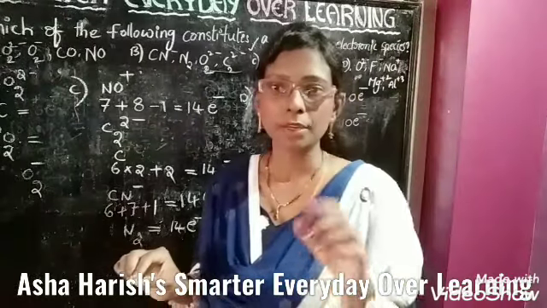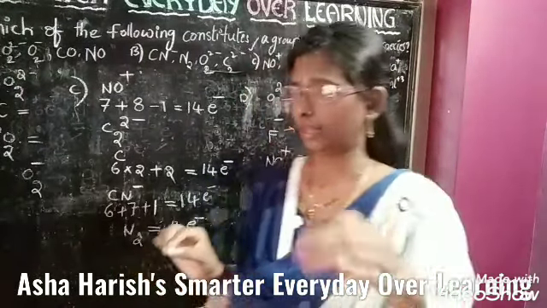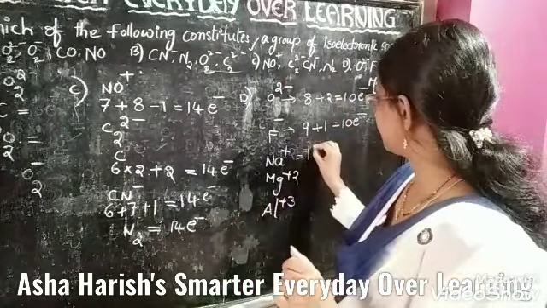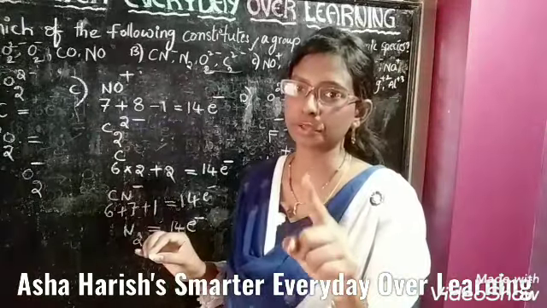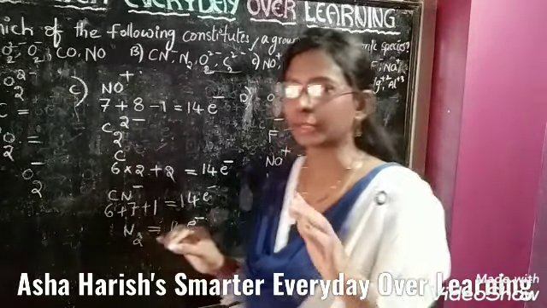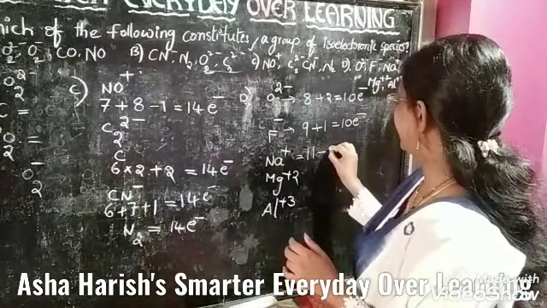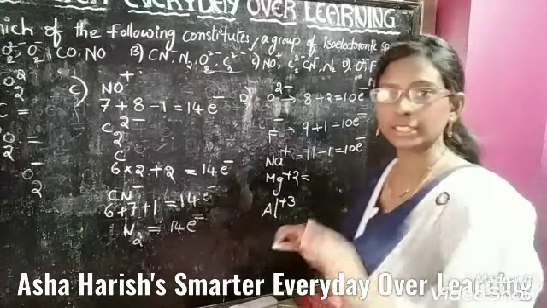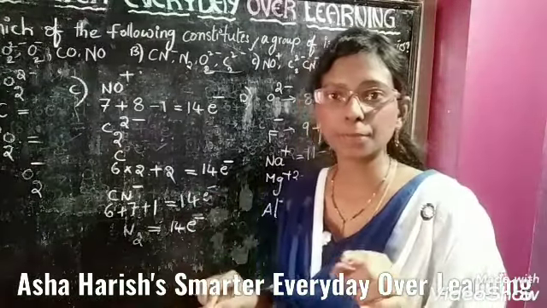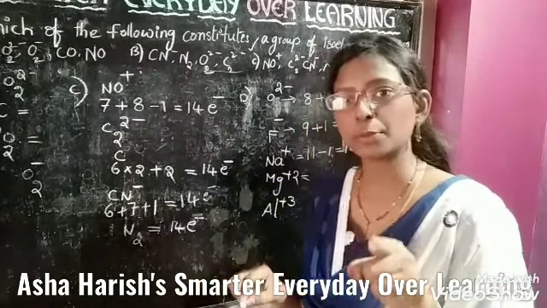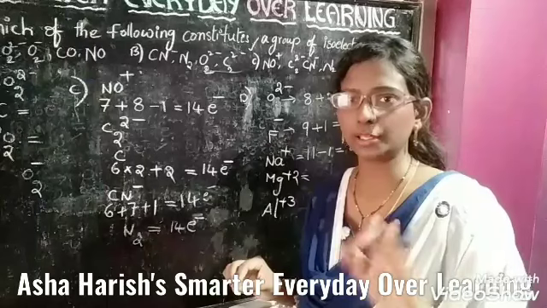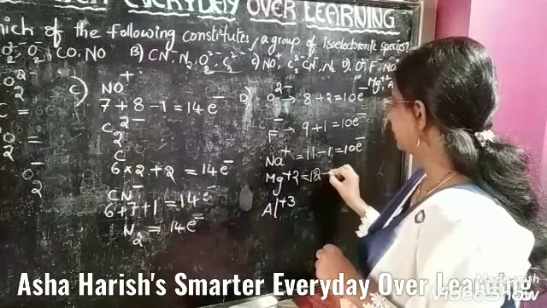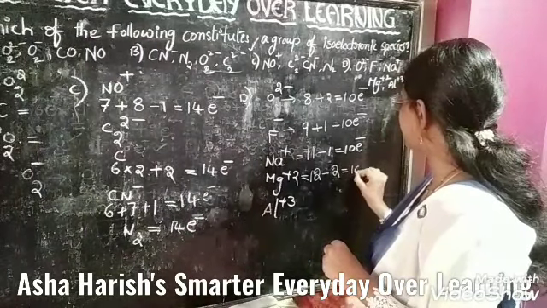And next one is Na plus. Sodium atomic number 11. So here plus is there, so we need to remove 1 electron from the Na atom. So here minus 1. So how much students? 10 electrons. Is it clear? For magnesium, Mg plus 2, magnesium atomic number 12, then 12 electrons are present, but here plus 2 is there, so we need to remove 2 electrons from this magnesium.